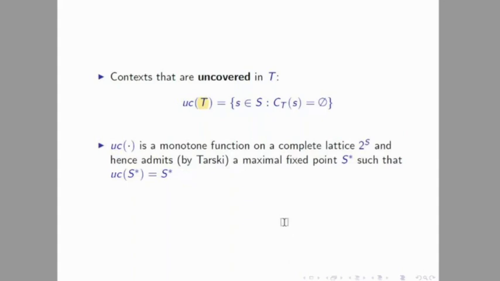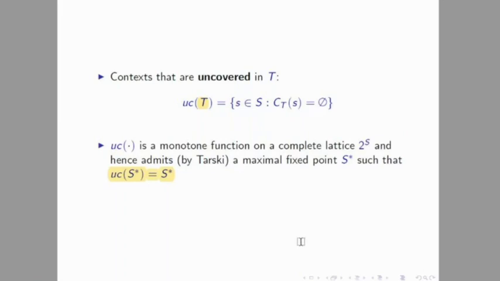It's fairly easy to show that the uncovering operation is a monotone function on a complete lattice, namely the set of all subsets of contexts, and therefore admits, by Tarski's fixed point theorem, a maximal fixed point S star such that this condition holds.